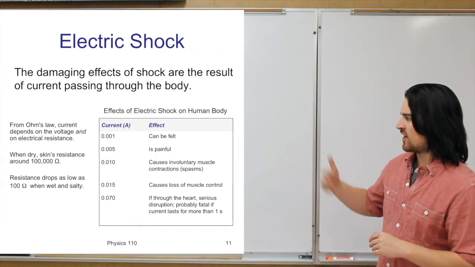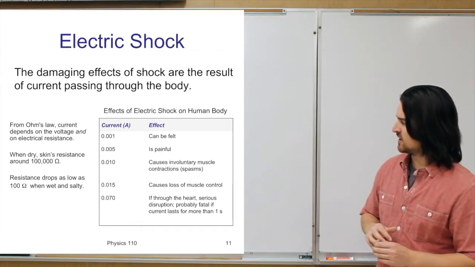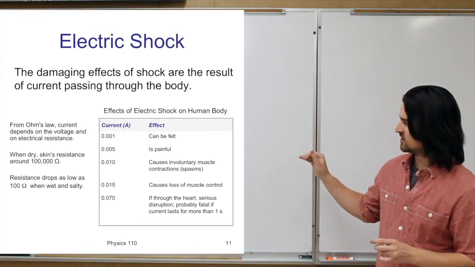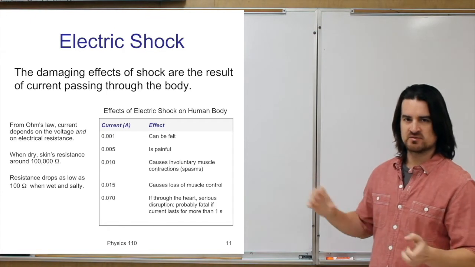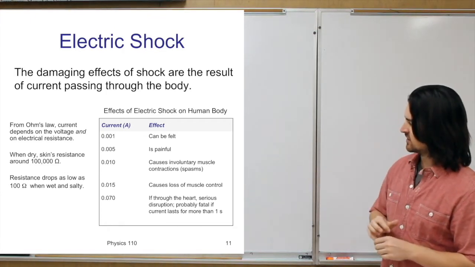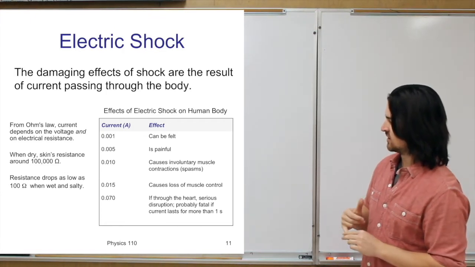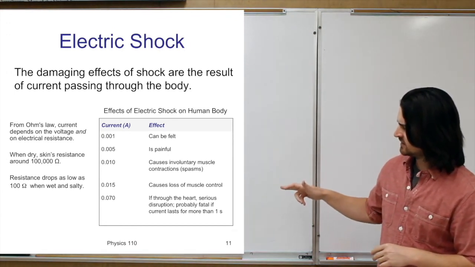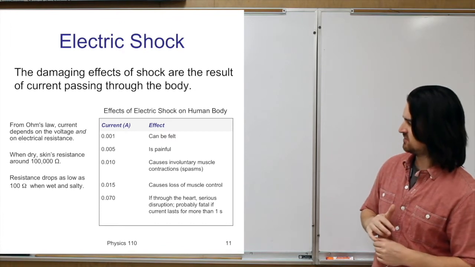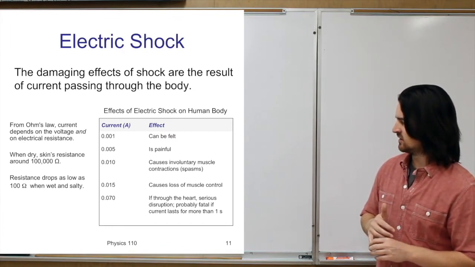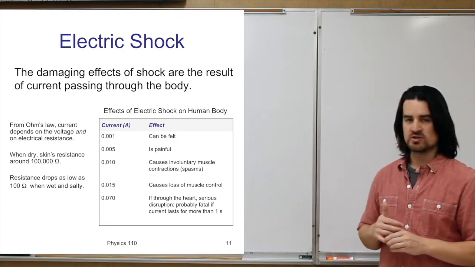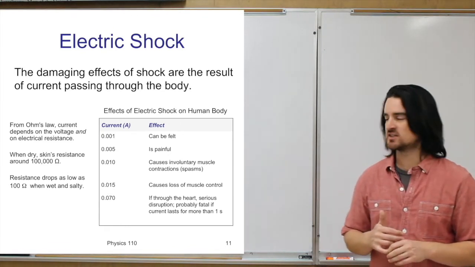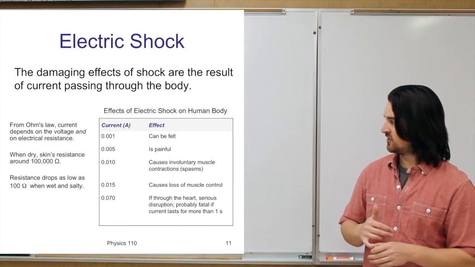Then 5 milliamps, I guess, is where it maybe gets painful. 10 milliamps can cause muscle contractions, spasms, or your muscles to seize up. 15 milliamps can cause loss of muscle control. And 70 milliamps can cause disruption to your heart, and if it lasts for any sustained time, it could be fatal.